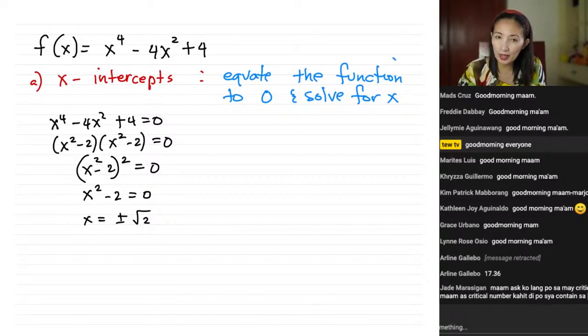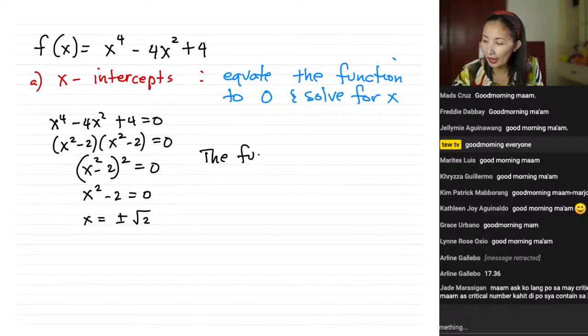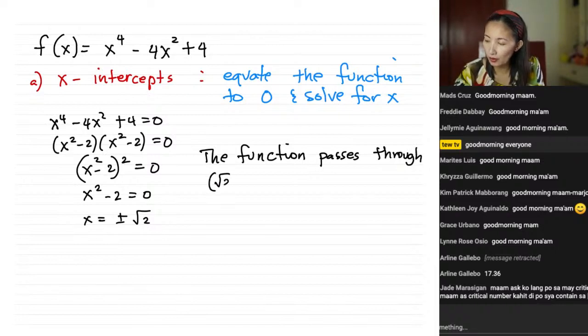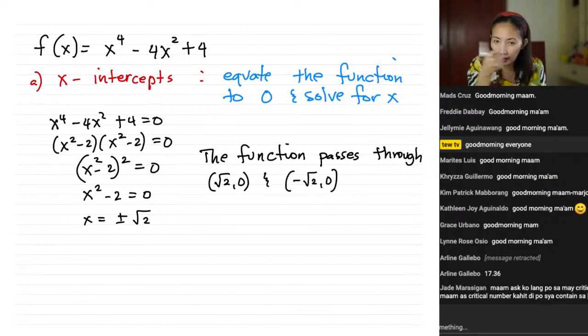X-intercepts, which means that the graph of the function passes through square root of 2, 0, and negative square root of 2, 0, along the x-axis.